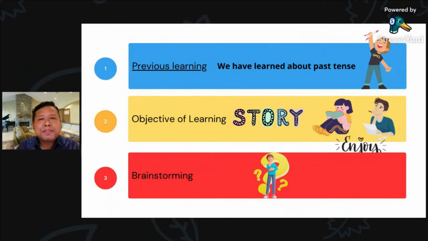Subject plus verb two plus object. Can you give me an example? Donny: I studied English yesterday. Okay, very good. Anybody else? My father worked hard yesterday. Yes, thank you very much.